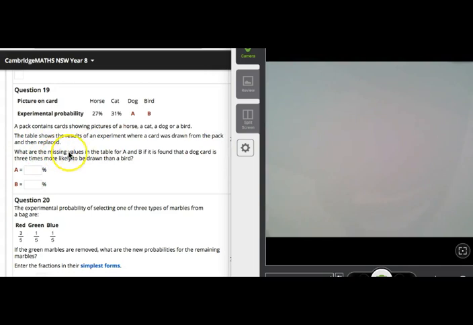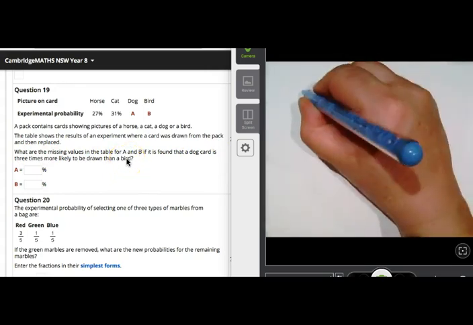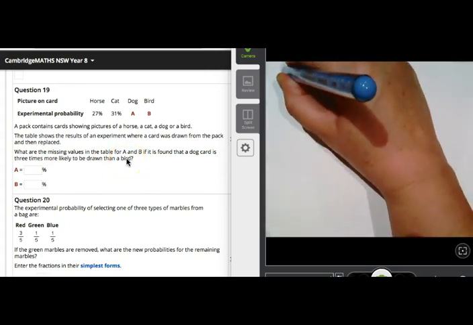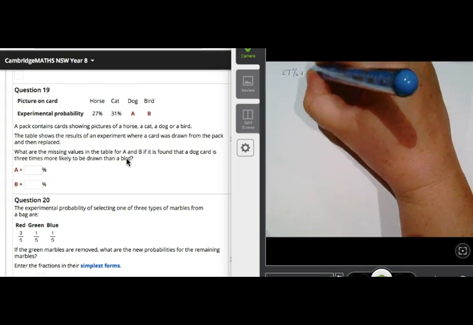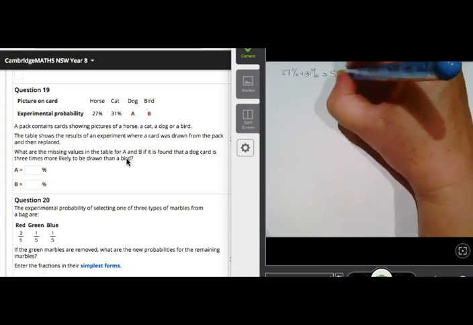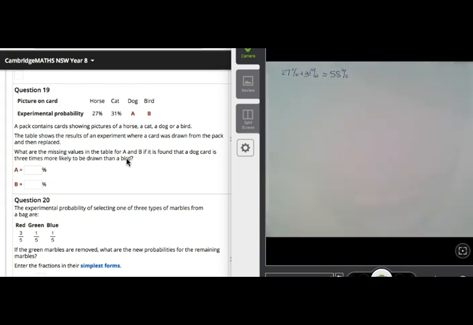And the question says, what are the missing values in the table for A and B here for the dog and the bird if it is found that a dog card is 3 times more likely to be drawn than a bird? So this is similar to a question we did earlier. We can see that a horse and a cat is 27% plus 31%.